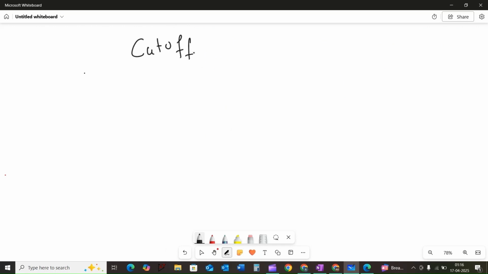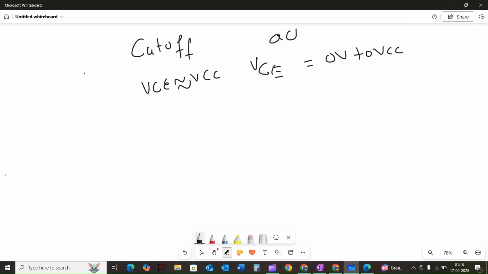In cutoff region, the VCE is approximately equal to VCC. In active region, VCE is between 0 volt to VCC, and in saturation region, VCE is close to 0 volt.